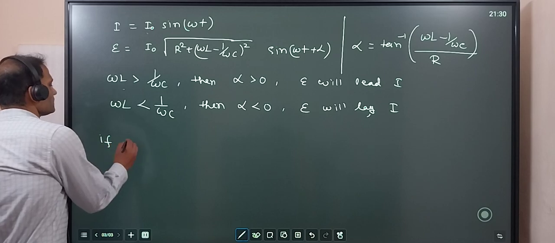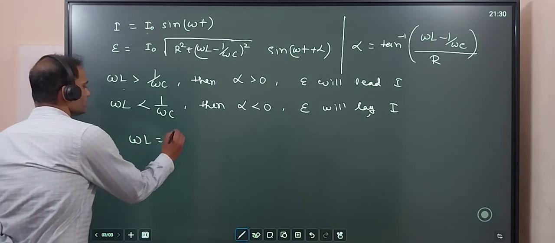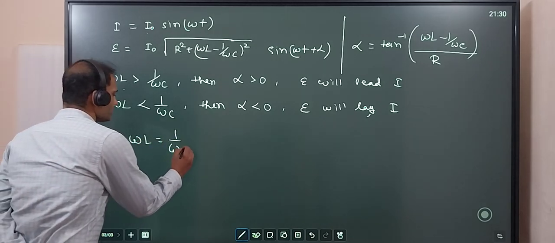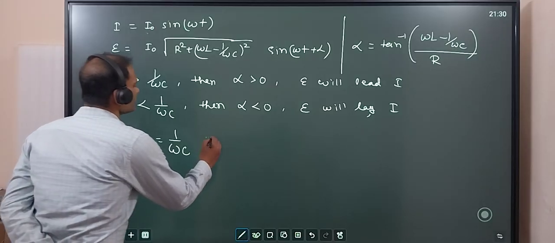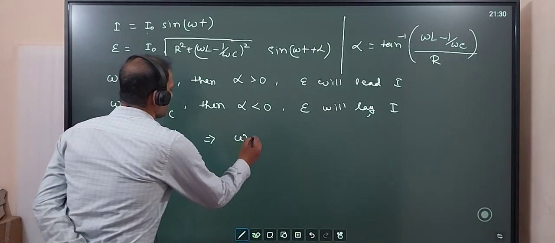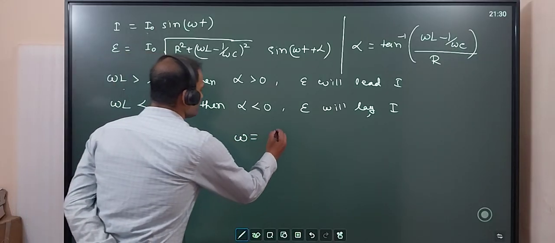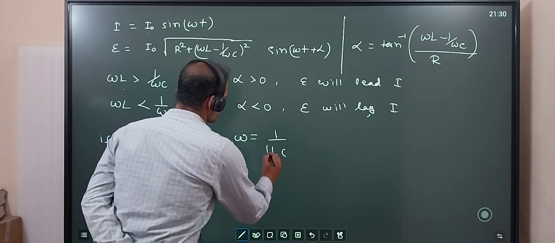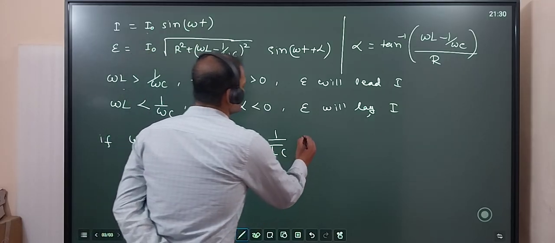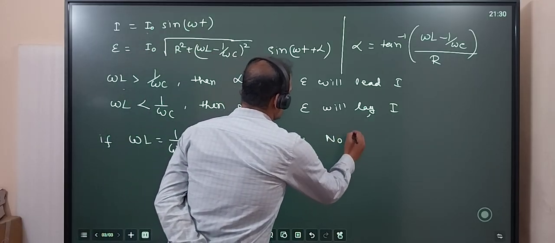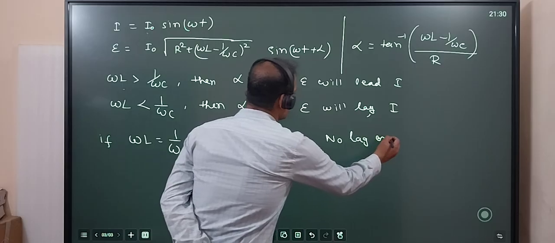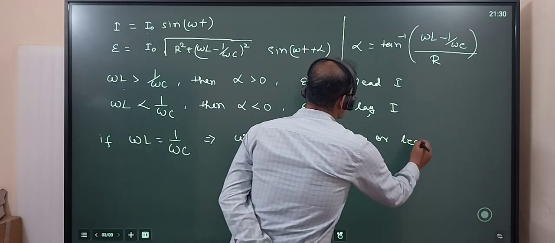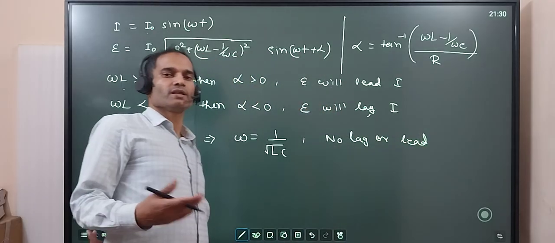If omega L is equal to 1 by omega C, that is, omega is 1 by root LC, we will see no lag or lead.